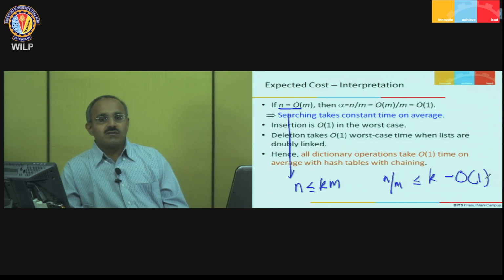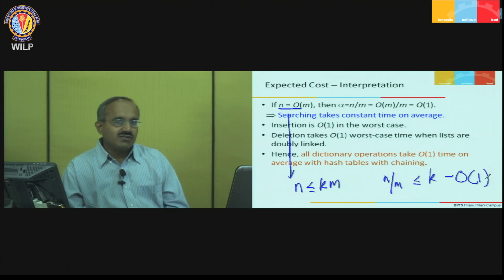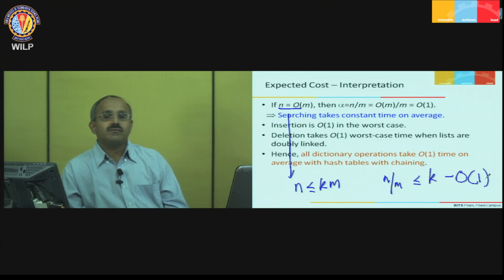So, what we observe is that if n is of order m, your searching takes constant time on average. We saw that both unsuccessful search and successful search time is directly proportional to alpha, the load factor. And if n is of order m, then alpha is of order 1.